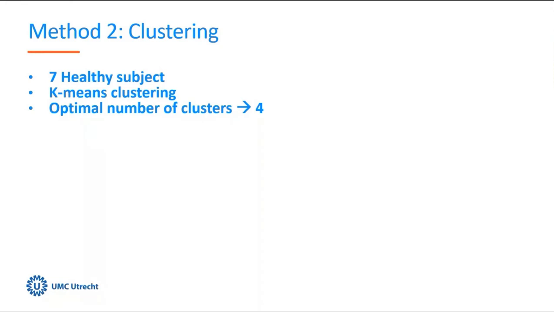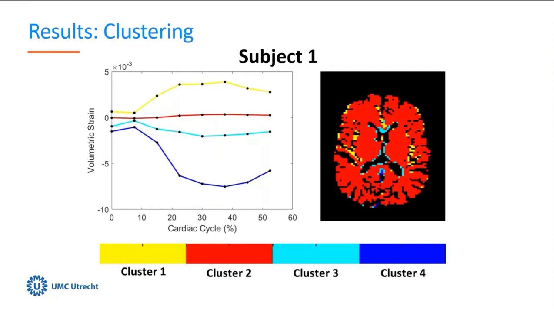And the optimal number of clusters for this case was 4. And then after clustering, I did it for all subjects, and it led to 4 clusters, of which I took the mean volumetric strain within each cluster.